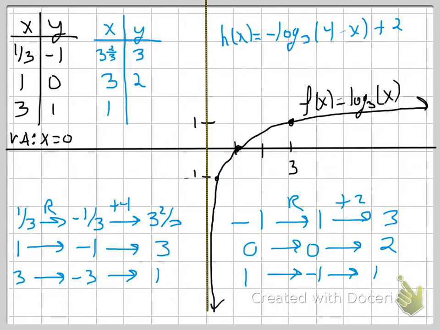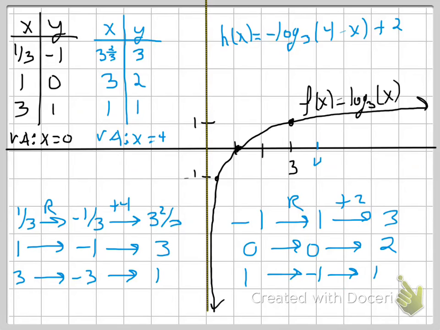So notice I just focused on what each x coordinate was doing and what each y coordinate was doing, to make it as simple as possible using what I know about transformations. One other thing we need to note is the vertical asymptote got moved to the right 4 units. It was originally at x equals 0, so if we reflect it, it doesn't move anywhere, and then we just slide it over 4 units.